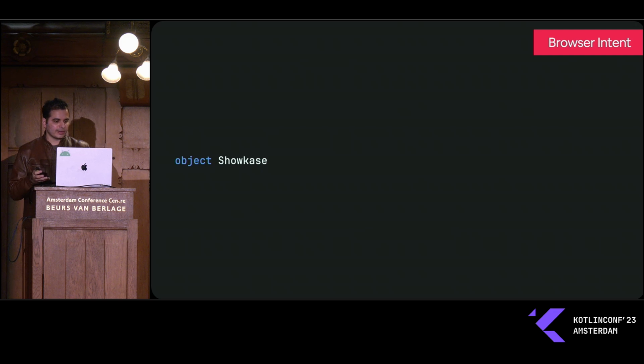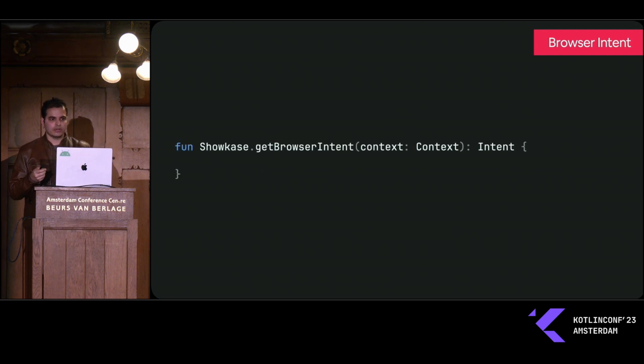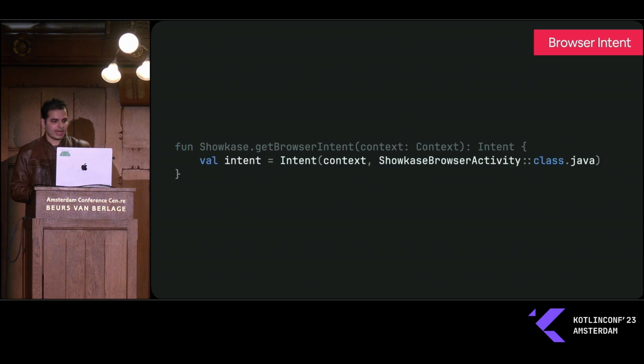And so we've created an object called Showcase. It's an empty object. But anytime we're trying to create any utility functions, we generate them as extension functions on this object. And so in this example, I'm creating a function called getBrowserIntent that takes in a context, and it returns the intent back. I initialize the intent, and the activity that I want to start is the Showcase browser activity.